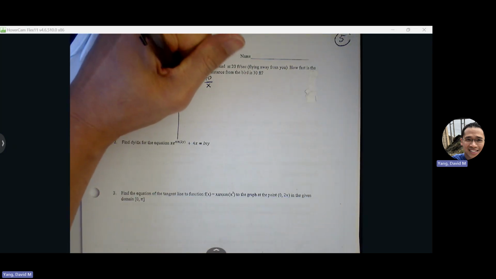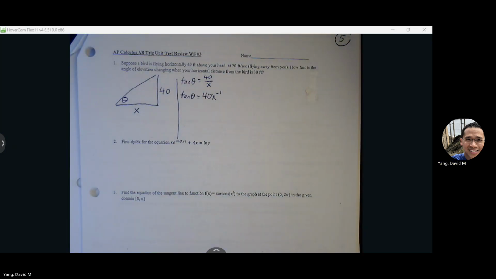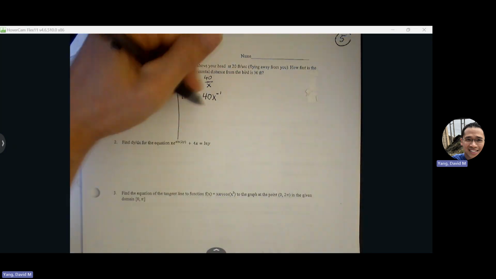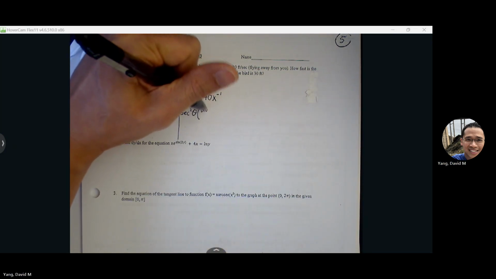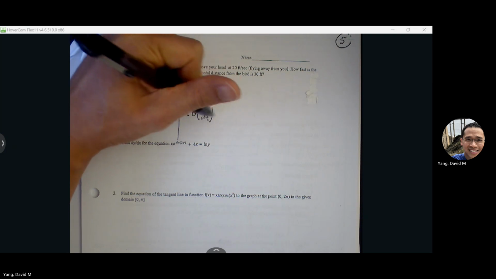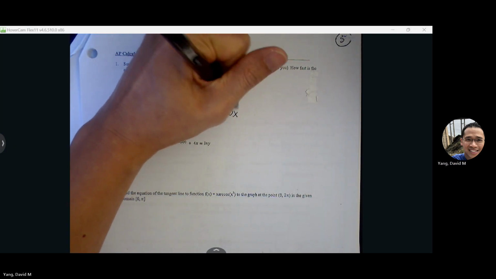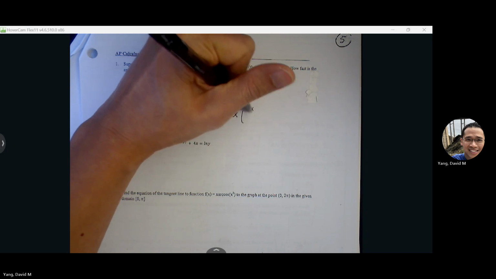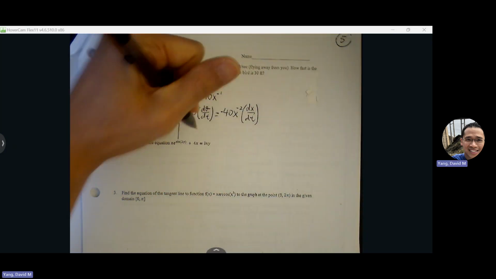We can just move things around and just rely on power rule to get through our derivative process. All right, derivative, tangent becomes secant squared, d theta/dt. Power rule. Let's do some cleanup here.